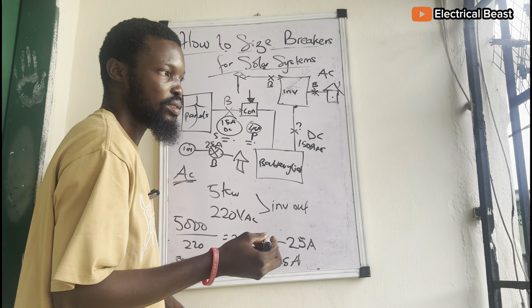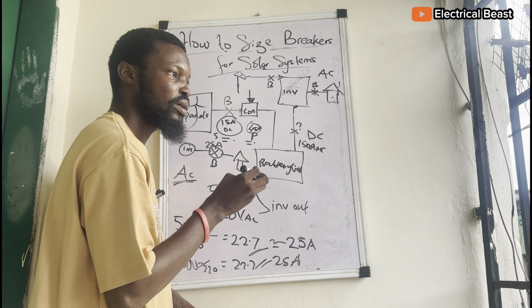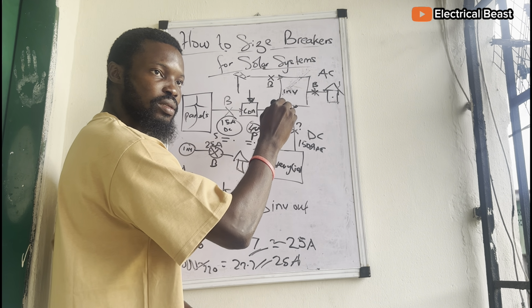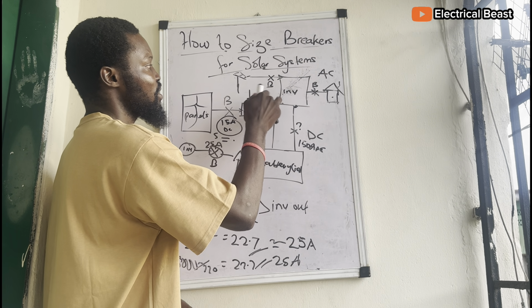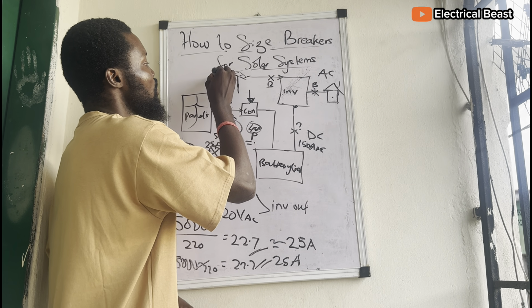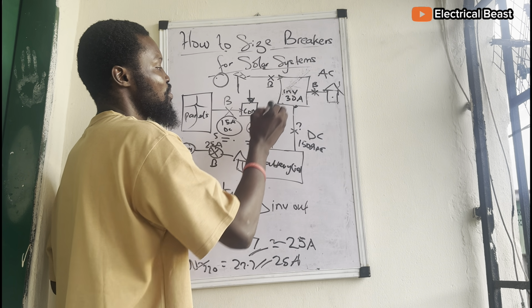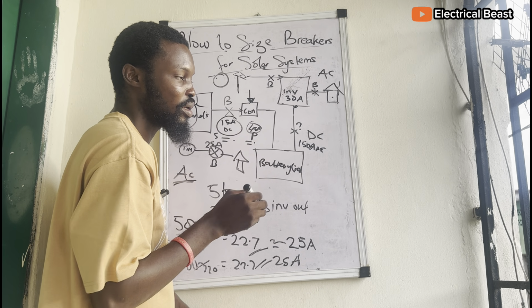There are some inverters that are programmable. You can increase the charging current for the inverter. That's the current with which it charges from the grid. It depends on your settings. If the current you set on the inverter is 30 amps for grid charging, then you might want to use something a little bit higher.